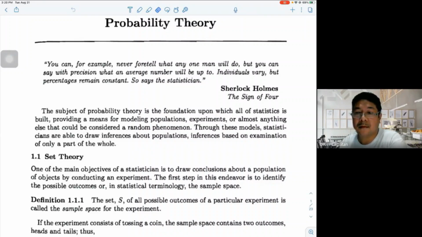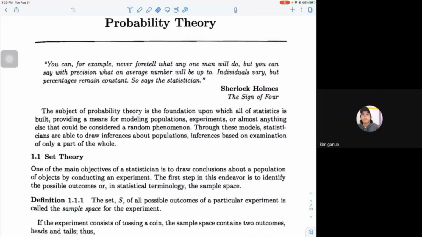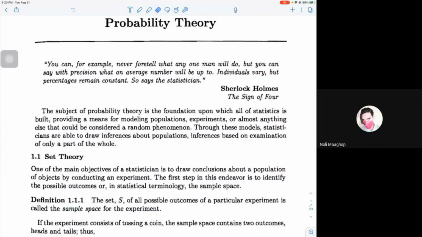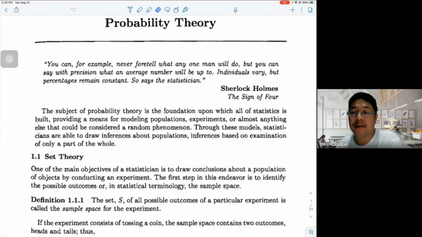Present. Marivic Esteban. Present, sir. Thank you. Kim Ganog. Present, sir. Noli Magho. Present, sir. Thank you. LJ Mansanades.